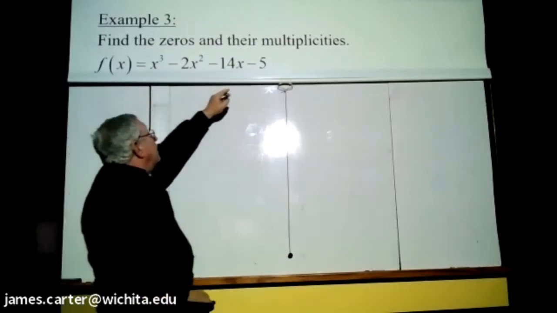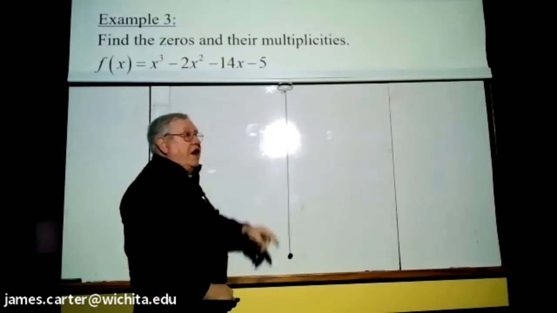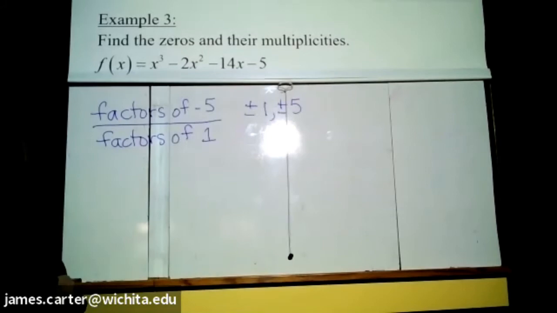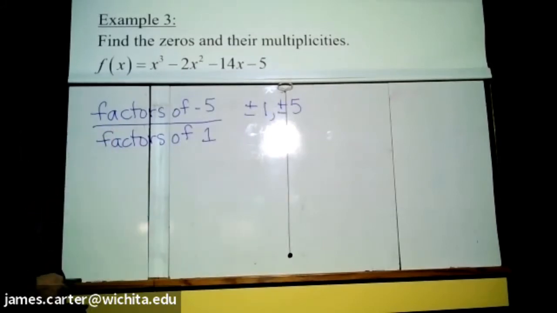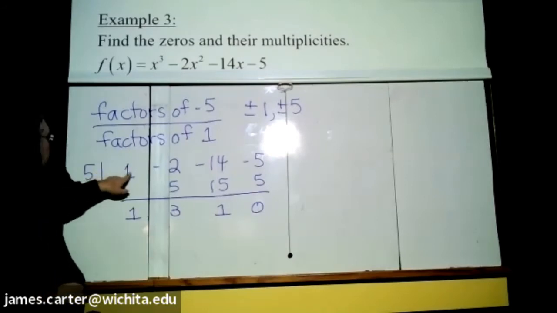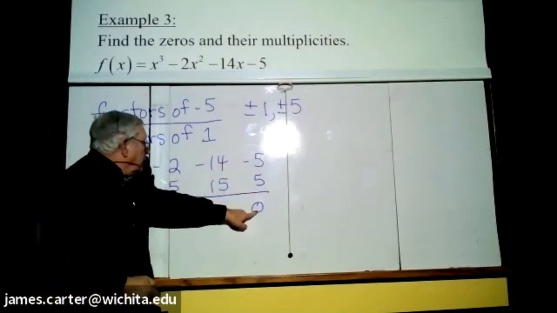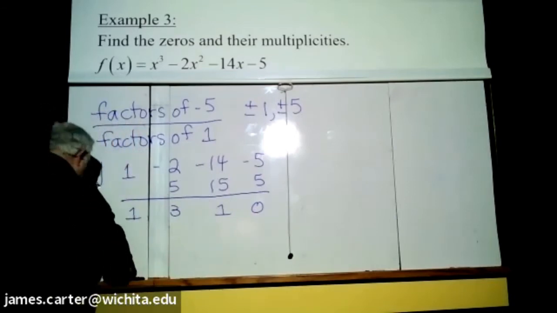The only thing we have to worry about for possibilities are the factors of 1 and 5, and they are 1 and 5, plus or minus. So now we're going to try positive 5, and we get a 0 remainder. So yes, this is true.